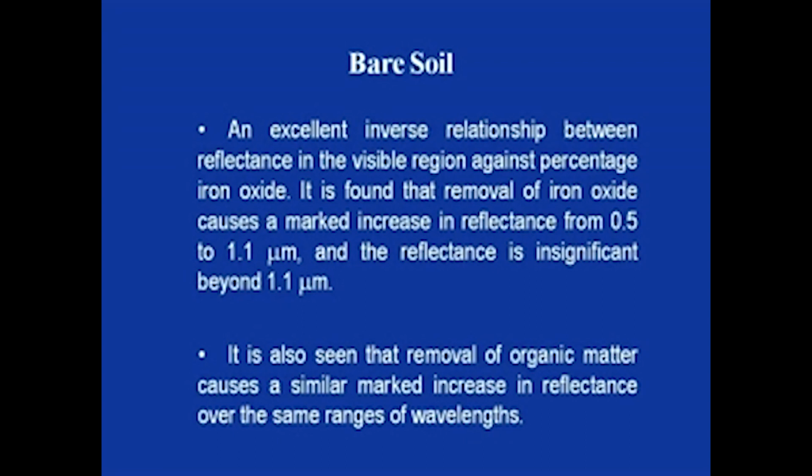It is found that the removal of iron oxide causes a marked increase in the reflectance between 0.5 to 1.1 micrometers, and the reflectance is insignificant beyond 1.1 micrometers. It can also be seen that the removal of organic matter causes a similar marked increase in the reflectance over the same ranges of wavelengths.